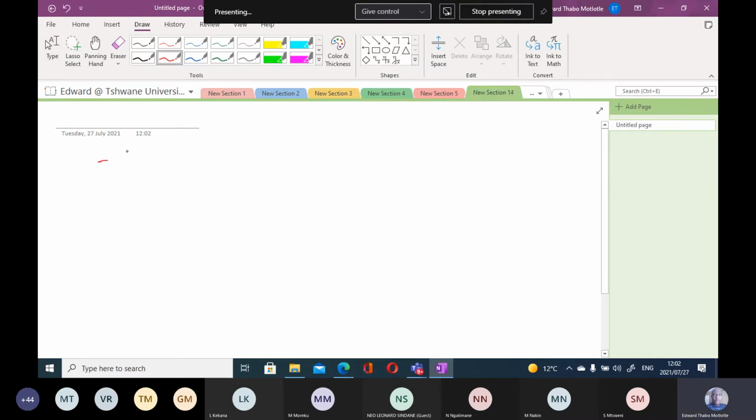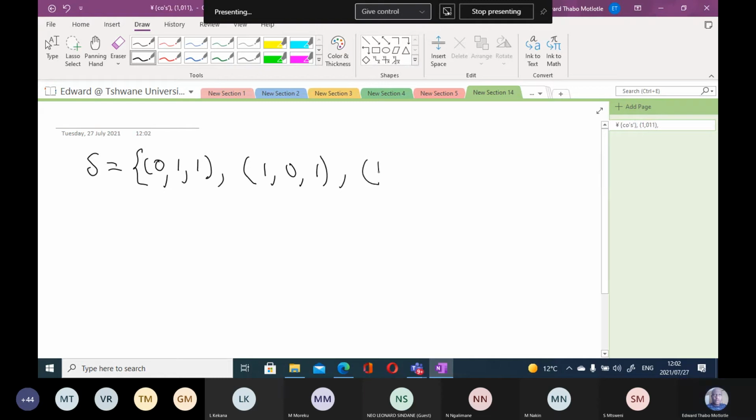Okay, so here we are given S is equal to this, my first vector. Can you see that it's in 3 dimension? My second one is 1, 0, 1. And my next vector is 1, 1, 0.